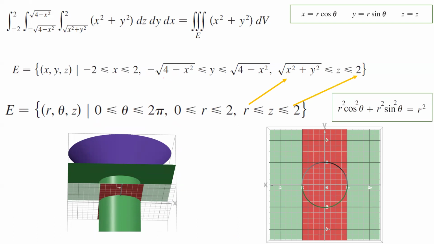Remember that this is x squared plus y squared equals 4, which is basically a circle centered at the origin with radius 2. So that's how you get r bounded between 0 and 2. And as you can see, theta is bounded between 0 and 2 pi because you have a full rotation.